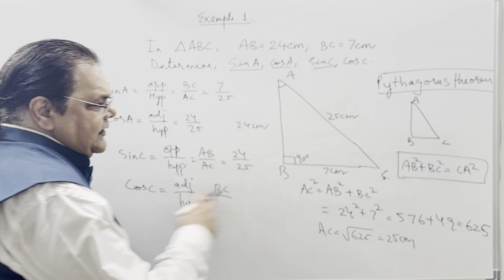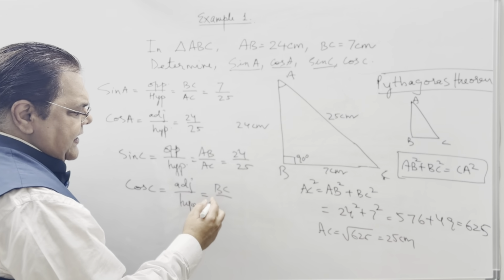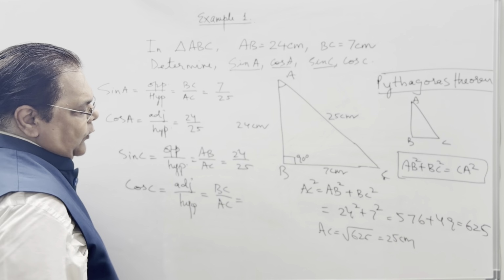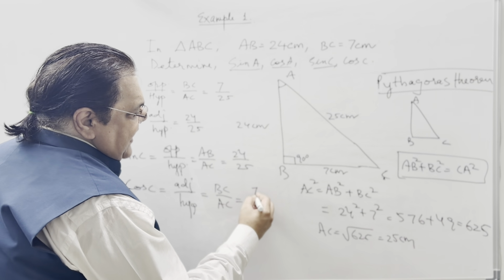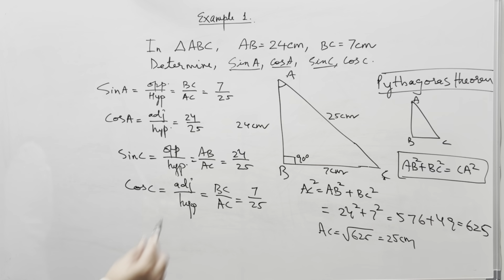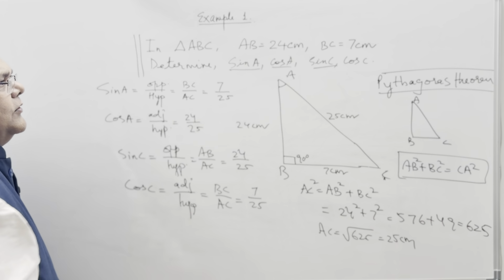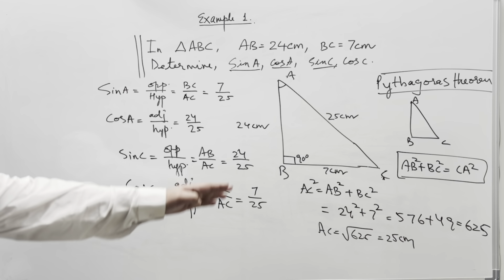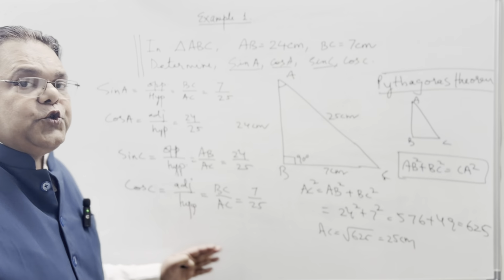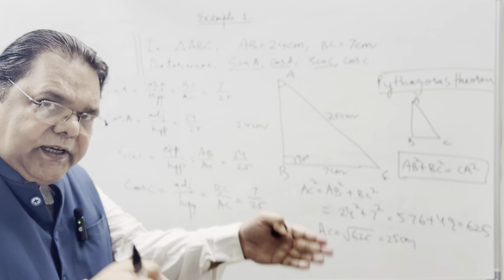So cos C, the adjacent is this BC, and the hypotenuse is AC, which is equal to 7 by 25. So you can see in this example, we have solved sin A, cos A, sin C, cos C on the basis of whatever we have learned earlier.